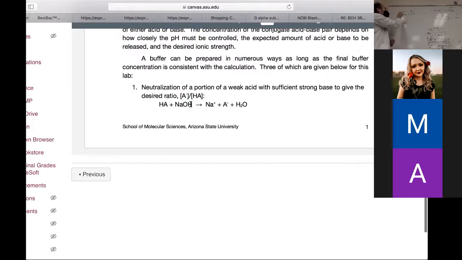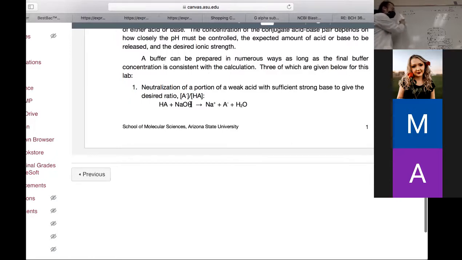By using weak acid and strong base to make the buffer, you just need to calculate how much of these 2 components to add into the beaker. So number one, how much of the weak acid do we need?